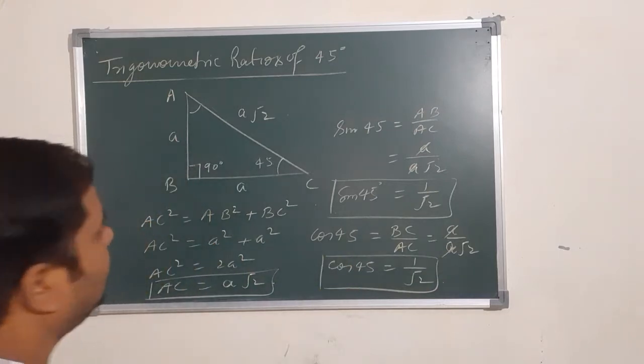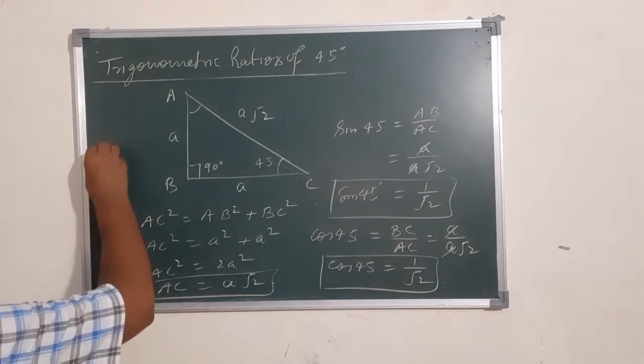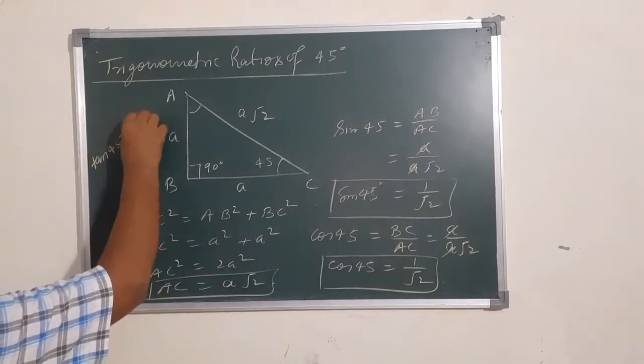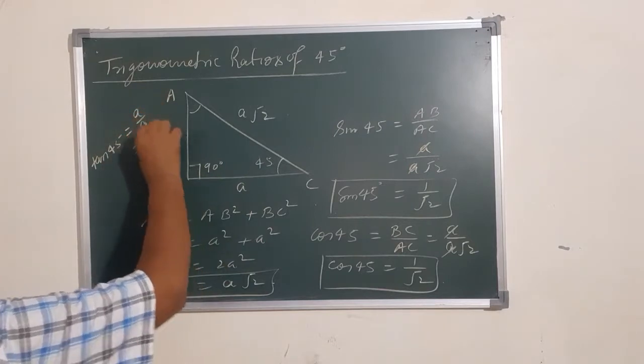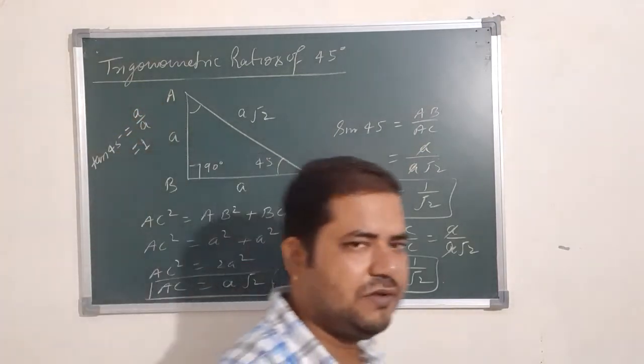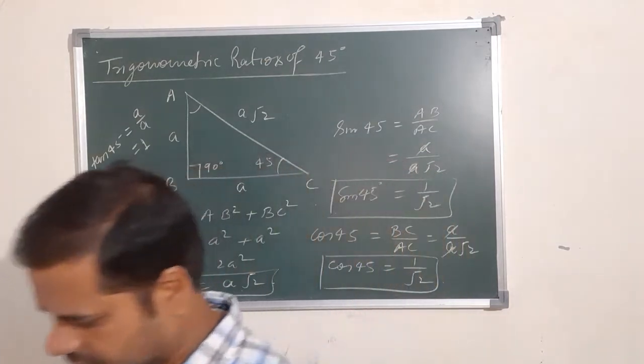Similarly, if you need to find tan 45, this is perpendicular upon base, so A upon A, this is 1. So these are the values of sin 45, cos 45 and tan 45. So note it down.